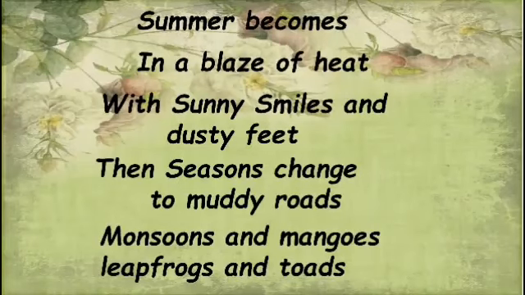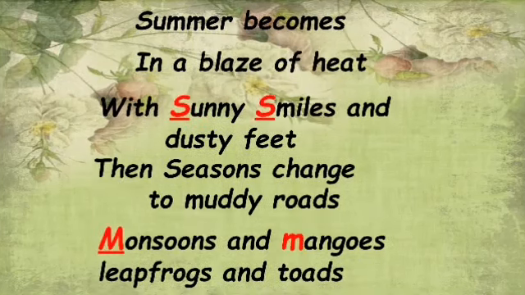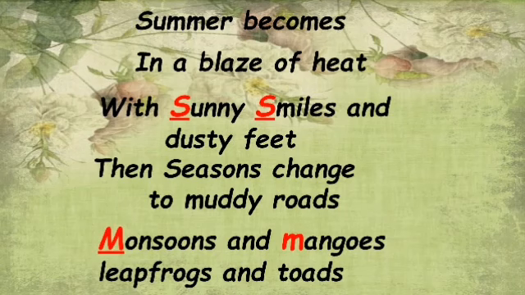Children, now find out the alliterated words from these lines. Summer comes in a blaze of heat with sunny smiles and dusty feet. See, sunny and smiles. So here, many words in the sentence begin with the consonant S. So S is the alliteration.